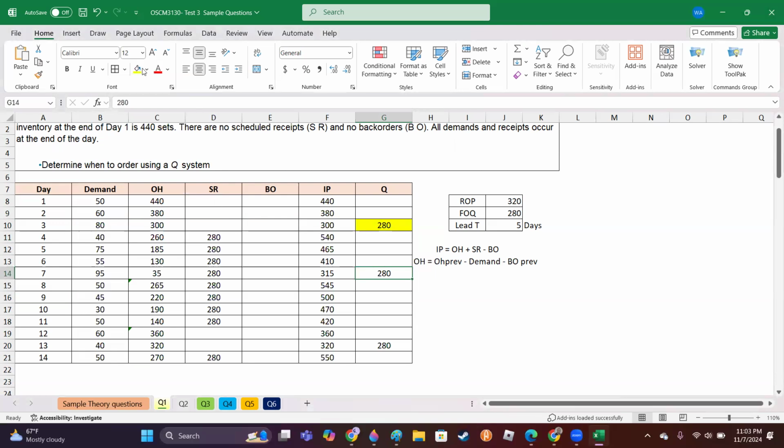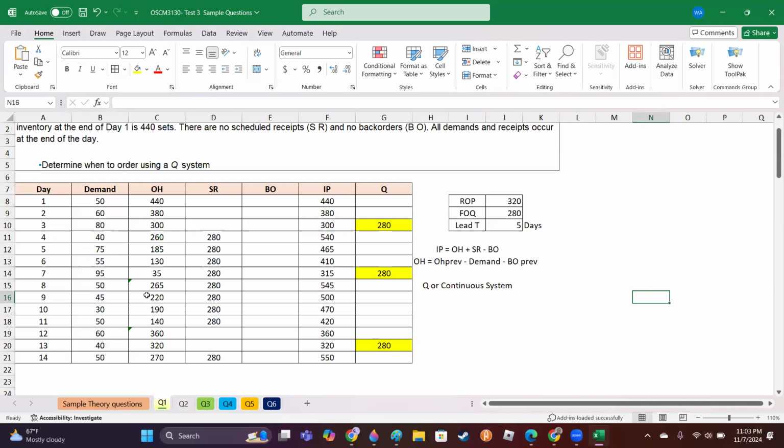We ordered inventory on day 7, and we ordered inventory on day 13. Okay. So that's what we call our Q or continuous system. Okay.